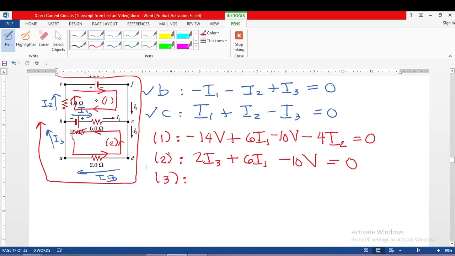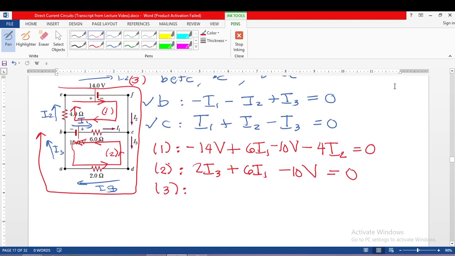Next, loop 3. Loop 3 consists of 14 volts, 2 ohms, and 4 ohms only. The 10 volts and 6 ohms are not part of loop 3. Evaluating, the loop points at the negative terminal, so the voltage is negative 14 volts.